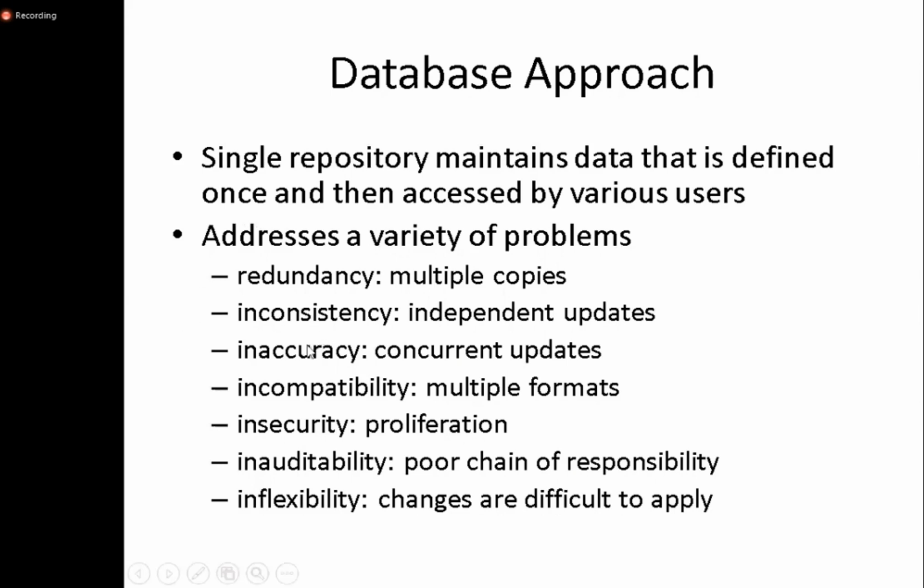And the other thing is inaccuracy. We introduce a lot more concurrent updates. Since you have not done transactions, you may not feel the concurrent updates. If the same record is being updated by two different people, then you lose some data. Right?